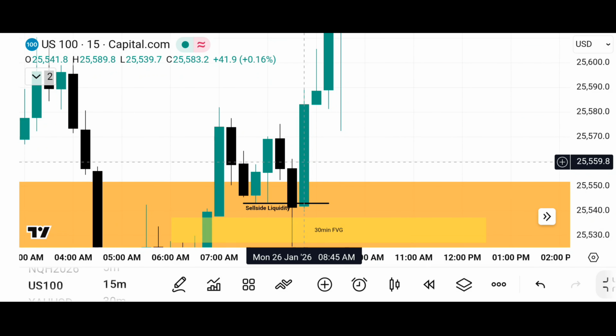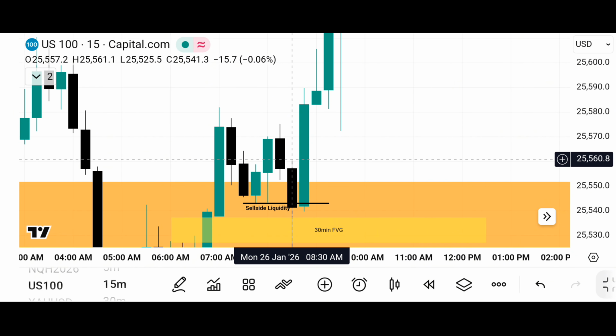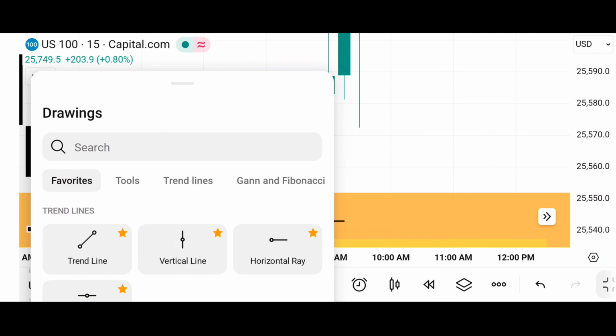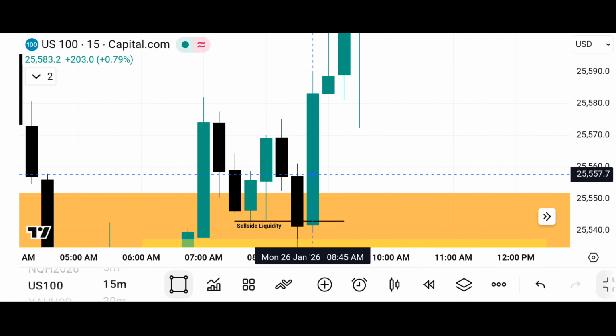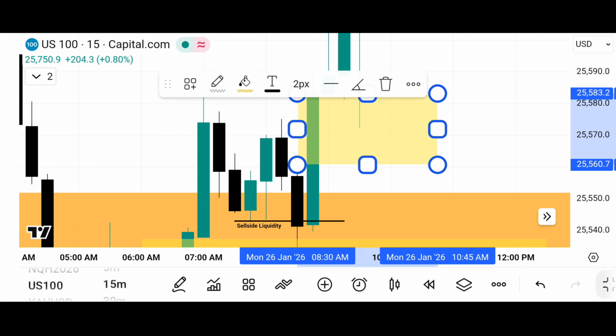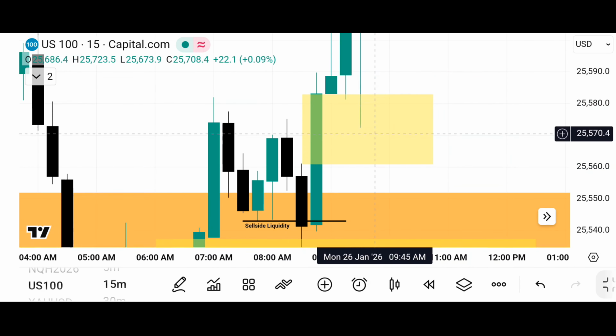So the fair value gap goes like this: from the high of this candle to the low of this candle right here. So this is how we draw the fair value gap: the high of this up to the low of that candle right here.